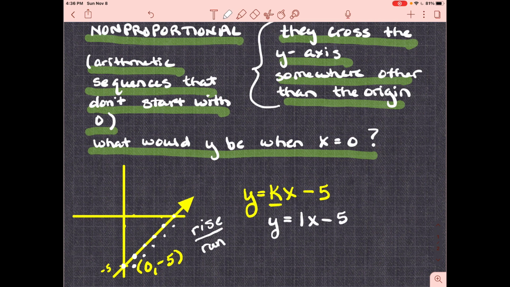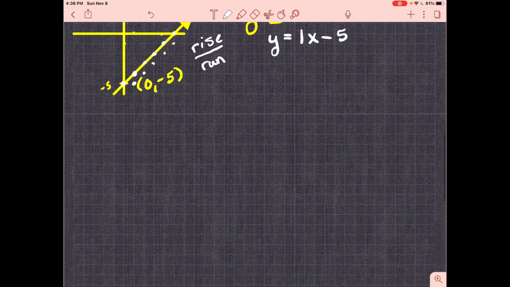If you look at number 3, what we have here is a graph that crosses a little higher. 1, 2, 3. Crosses up here, and then 1, 2, 3. Crosses here, and we actually have a line that looks something like this.